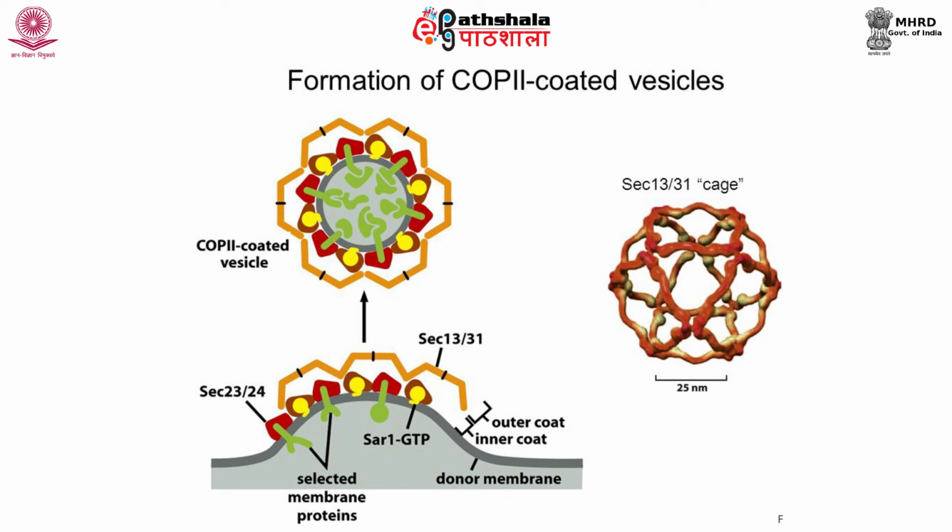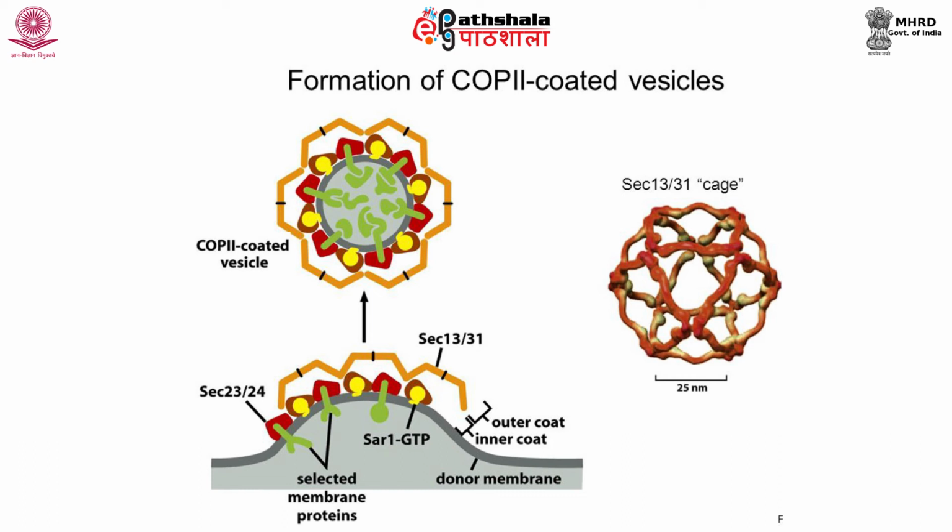Then the Sec23p, 24p complex interacts with SAR1p GTP, gets recruited and forms a functional pre-budding complex. The complex binds to SAR1p and starts collecting cargo proteins at the budding site.